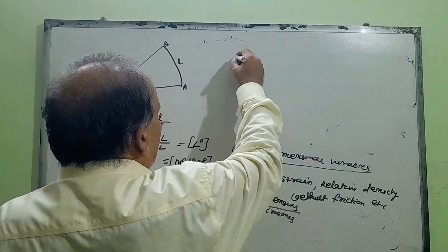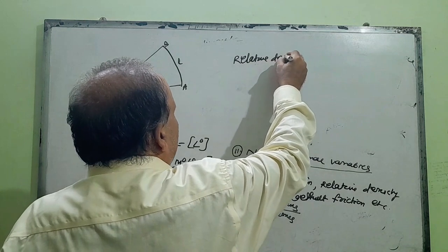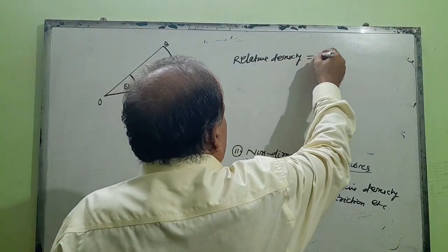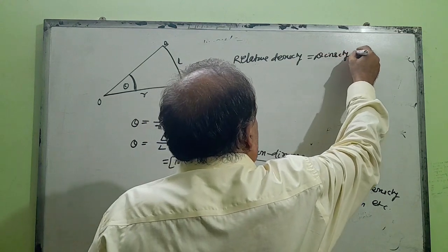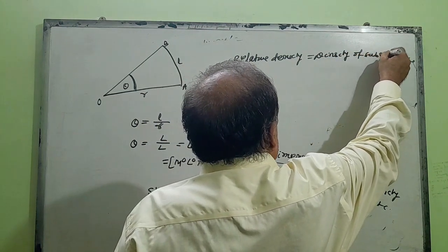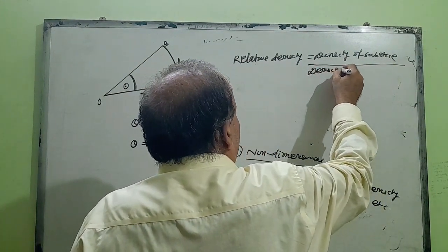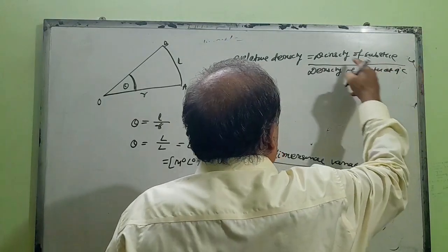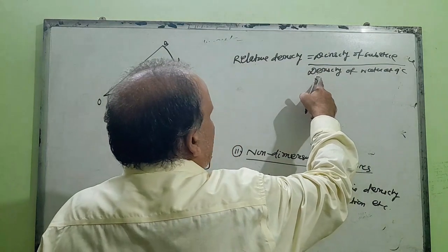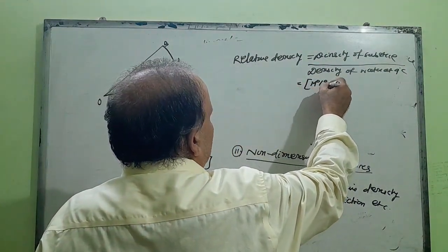Relative density is equal to density of a substance divided by density of water at 4 degrees Celsius. In the numerator that is density and in the denominator is density. So its dimensional formula is M0 L0 T0.